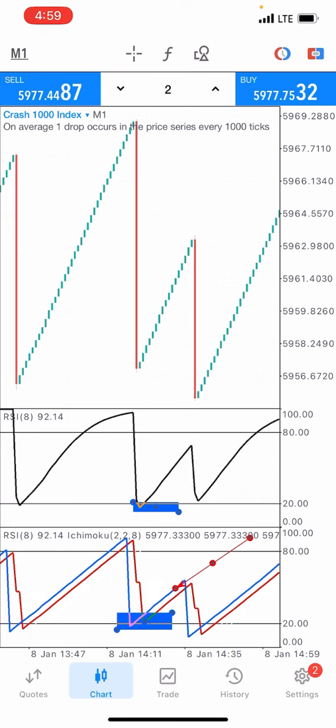The first window you need to observe is window 1. Once this black indicator gets to the oversold zone, which is the 20 level, then you look down at the second indicator window.